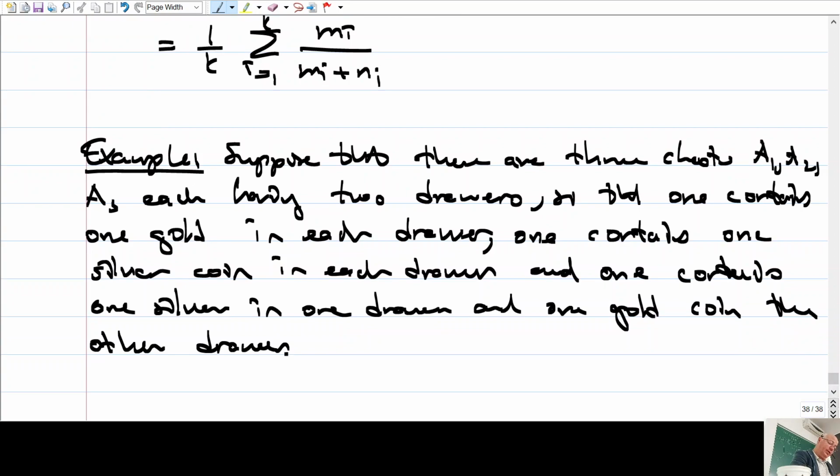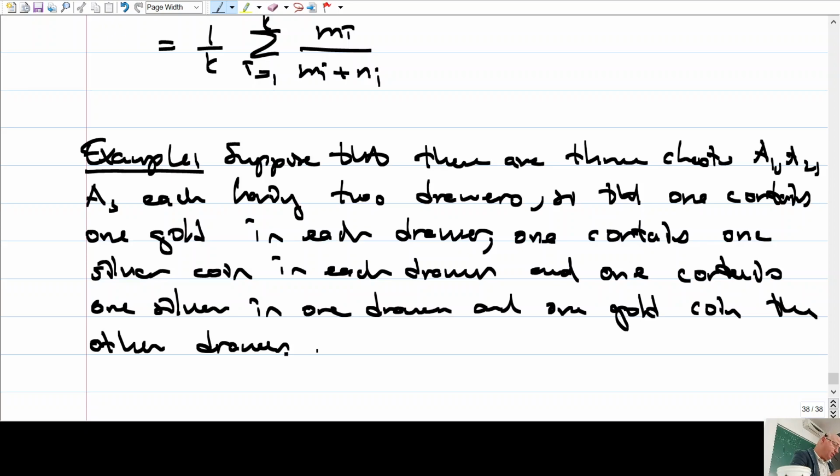So we have three chests. In one of them, both drawers contain gold coins. In the other one, both drawers contain silver coins, and the third one has one gold coin in one drawer and one silver coin in the other drawer.